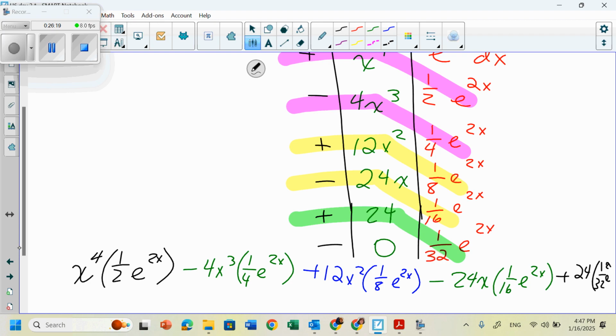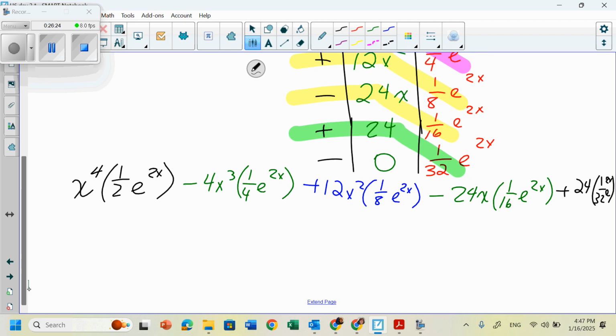One-half x to the fourth e to the 2x minus... the fourths cancel out, x cubed e to the 2x. Plus, 4 goes into both 12 and 8, so this is 3/2 x squared e to the 2x.